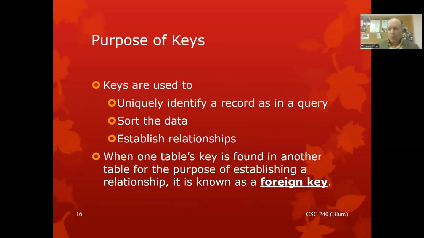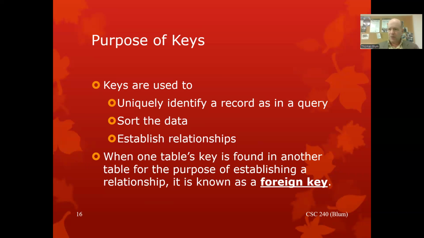One of the purposes that we said of the key is to uniquely identify the row within a table. It's also used typically for finding the data and sorting the data, but it's also used to establish relationships.